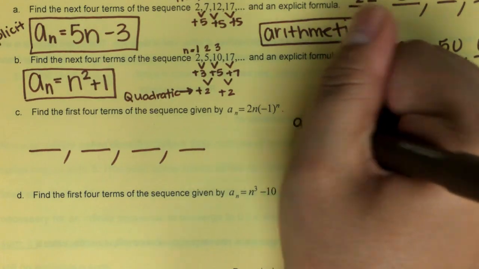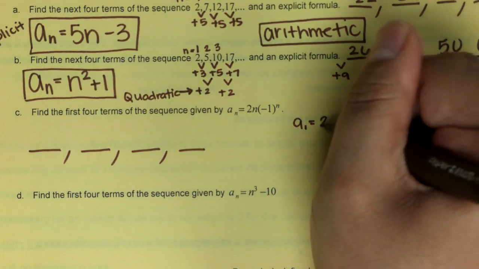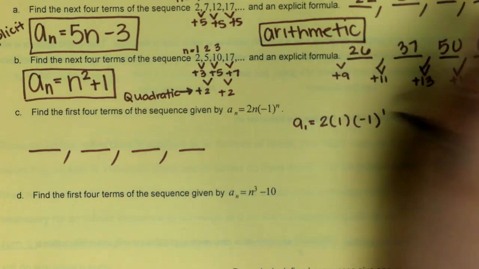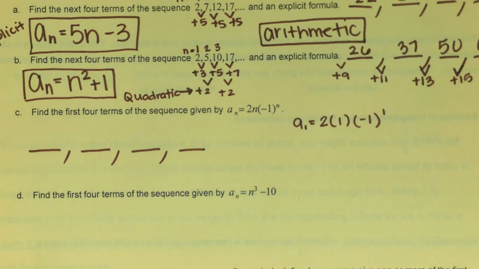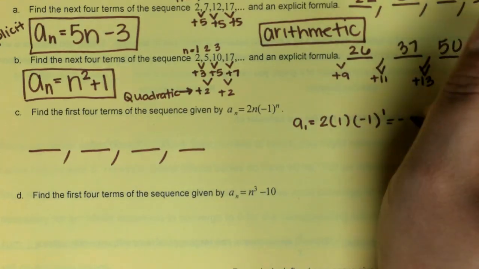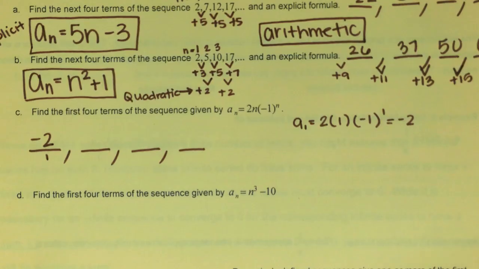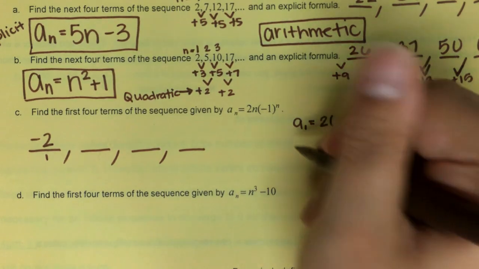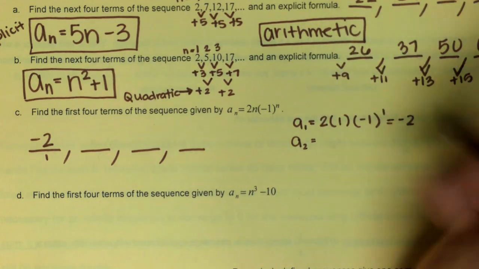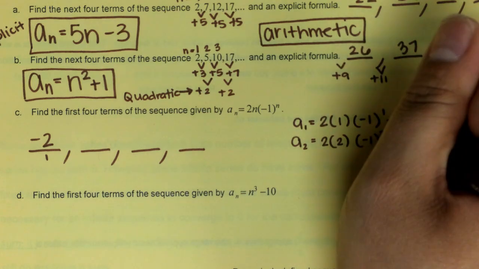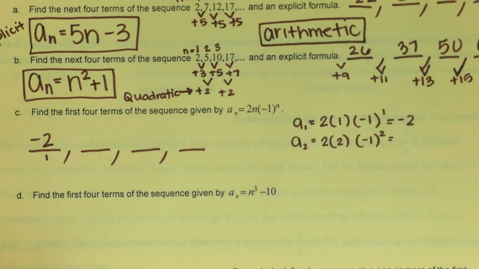What is a of 1 going to give me? 2 times 1, negative 1 to the 1. It's going to give me negative 2. So a of 1 is negative 2. My first term is negative 2. A of 2: 2 times 2, negative 1 squared. That'd be 4.